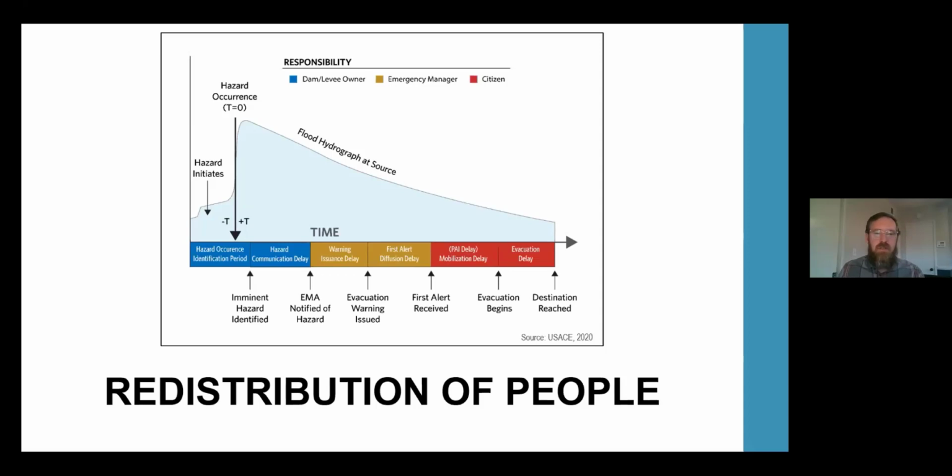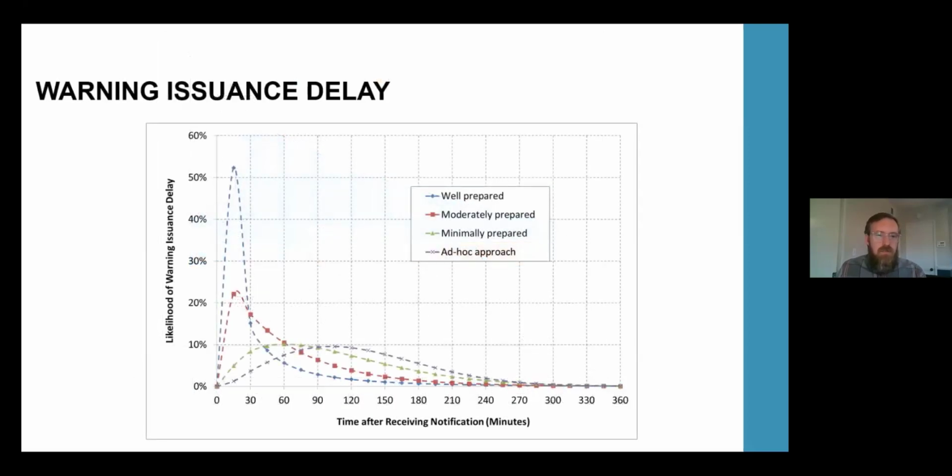All of these are considered within HEC-LifeSim. And each of those has uncertainty about it. That's represented by curves such as these for the warning issuance delay. Depending on how well prepared the emergency management agency is, you may have a shorter or longer delay in this warning issuance.